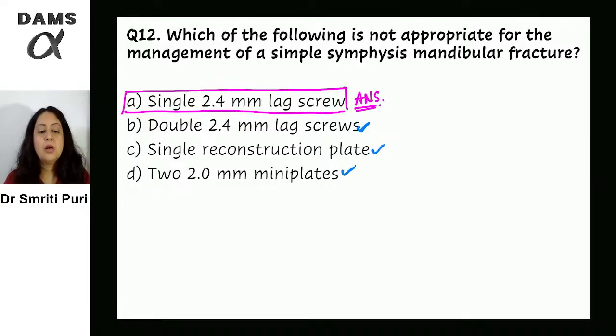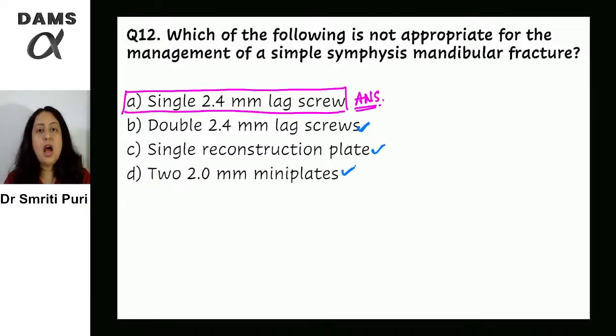Okay, again, I'll explain again, Sujay. The confusion remains between single lag screw and single reconstruction plate. If you visit my previous session, you would see I had shown a visual of a reconstruction plate. A 2.4 mm reconstruction plate is a robust, heavy profile plate. It is a rigid fixation device and it is bigger in profile as compared to a mini plate.